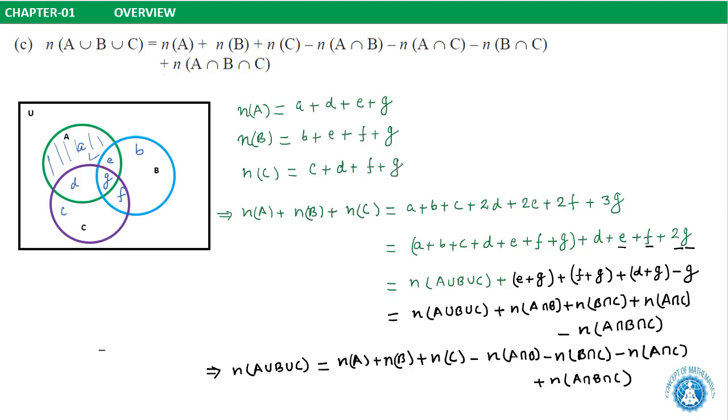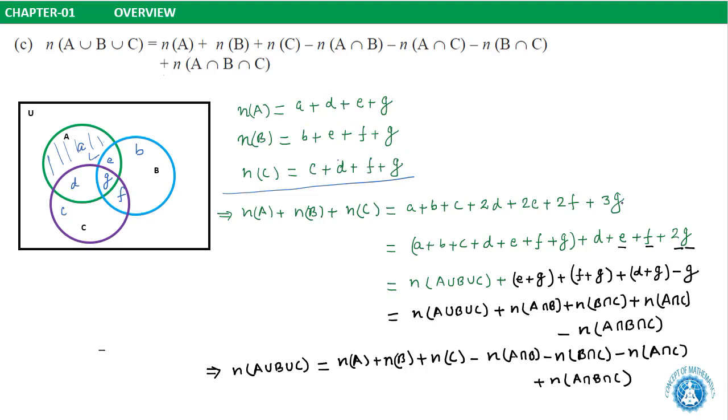So by adding these equations, we get n(A) plus n(B) plus n(C) equals a plus b plus c plus 2d plus 2e plus 2f plus 3g.